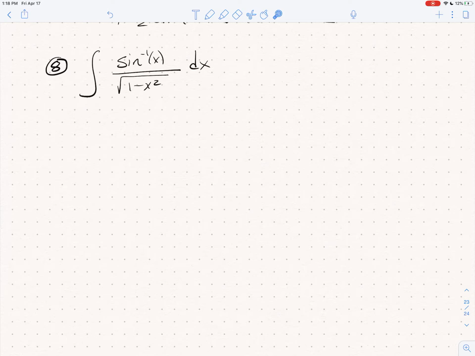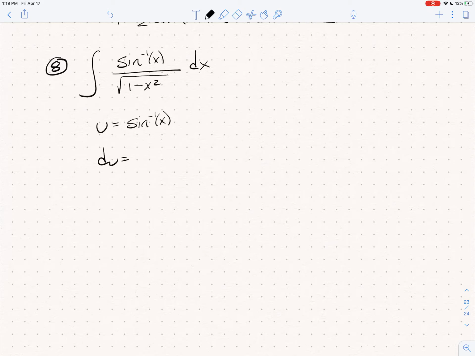So I'm thinking about this, and hopefully you remember that the derivative of arc sine is 1 over this radical. And so when you realize that, hey, this is a part of the derivative of this, then I'm going to try the upstairs thing as a candidate for U. So let's try U equals inverse sine of x.